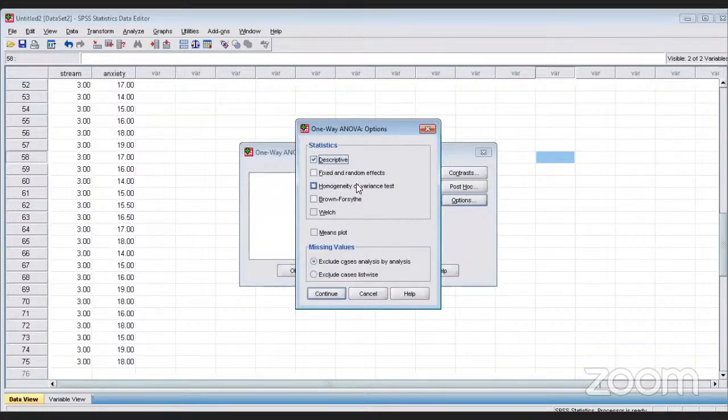If you want fixed and random effect, you can highlight it. If you want homogeneity of variance test, you can highlight it. No problem. And then you can say continue.